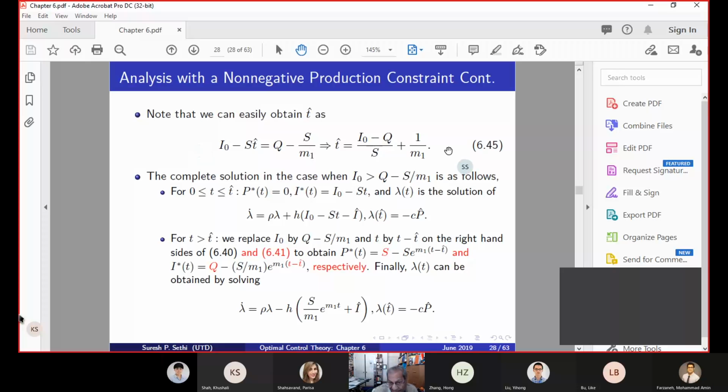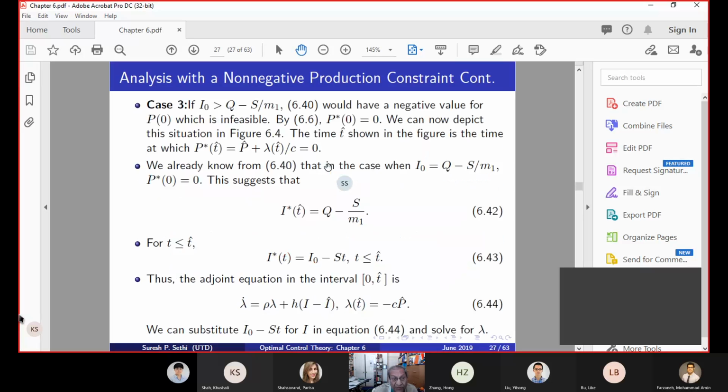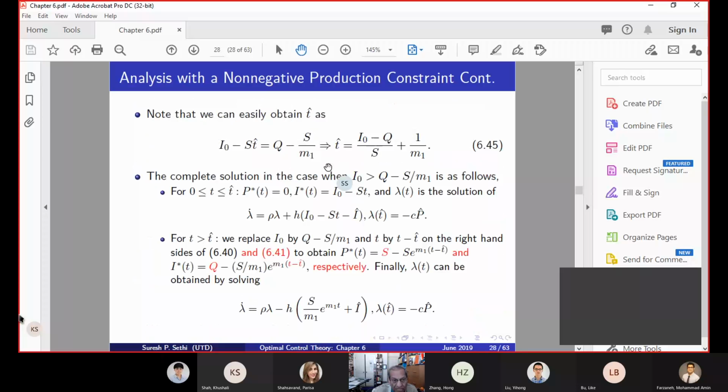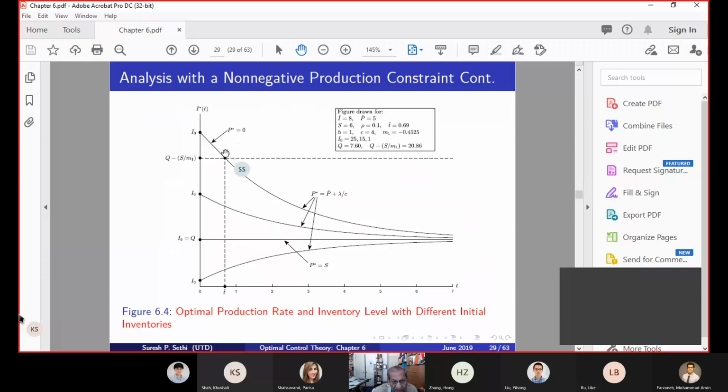So we can easily obtain t hat. We already know that. And so we complete the solution for I0 bigger than this. For I0 bigger than this, we need a two-part solution. We need one solution for interval 0 to t hat, and we need another solution for after t hat.